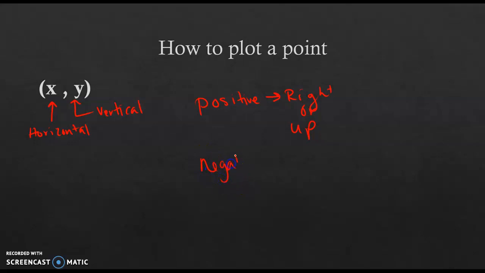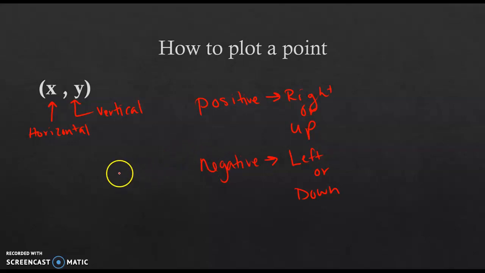Negative would be left or down. Again, it'd be left if it's a negative number in the x position, and down if it's a negative number in the y position. And so that's just a reminder on how we plot a point.